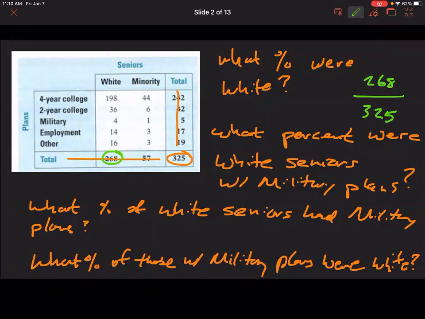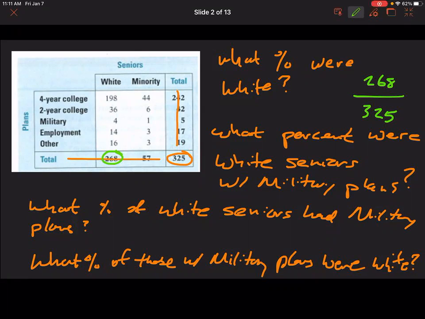Then I'm going to pull up my calculator. Remember, it's always the top one divided by the bottom one. So I'm going to type in 268 divided by 325. Remember, if you're using one of the graphing calculators in our classroom, you have to hit Control Enter. Otherwise, it stays as a fraction for some reason.